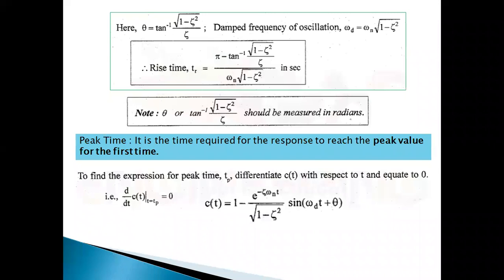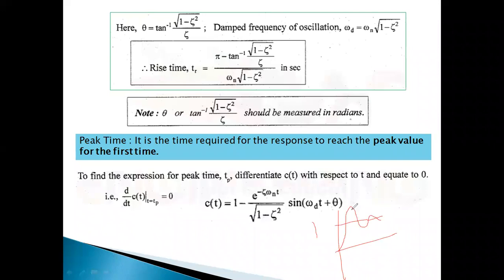Okay, peak time means the time required to reach its peak value for the first time. So if we observe the response at the peak, this is the response. Input is unit value. The response starts from 0 and reaches something like this, and again it comes back.